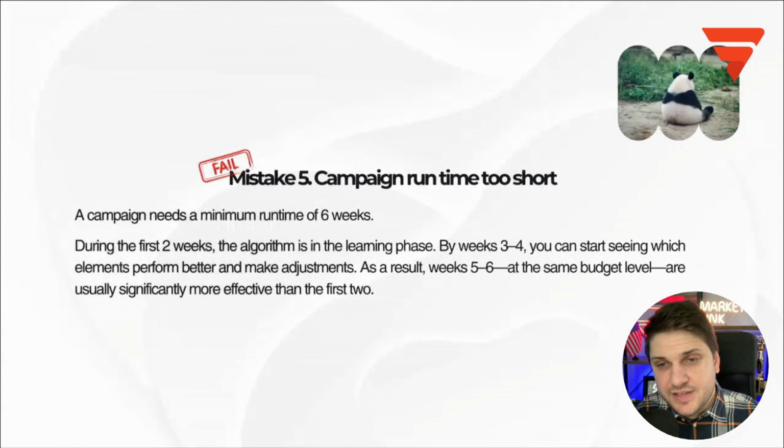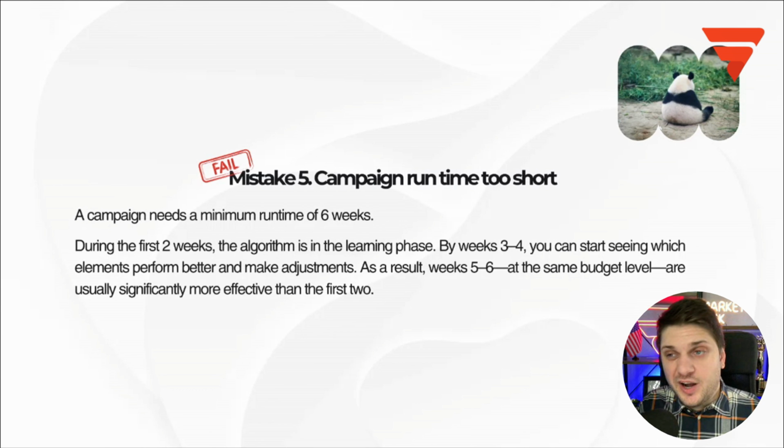Another popular mistake is too short a campaign running time. Sometimes, especially when you run campaigns yourself or when you try to scale something, I understand you as an entrepreneur would like to see some results.